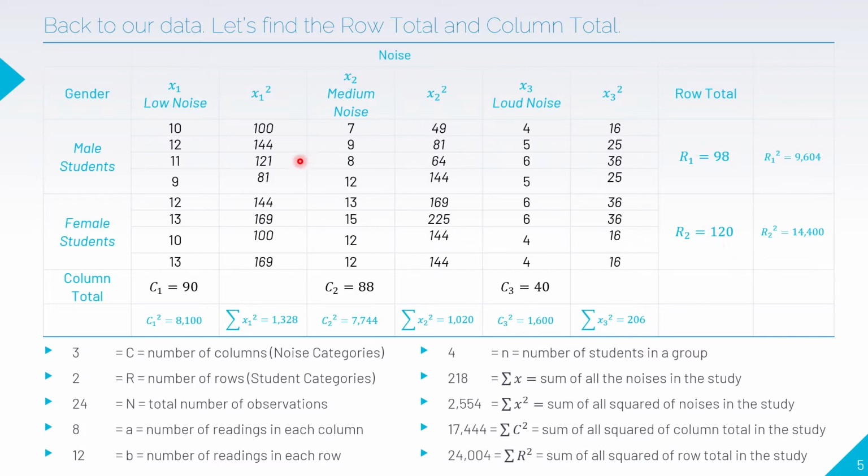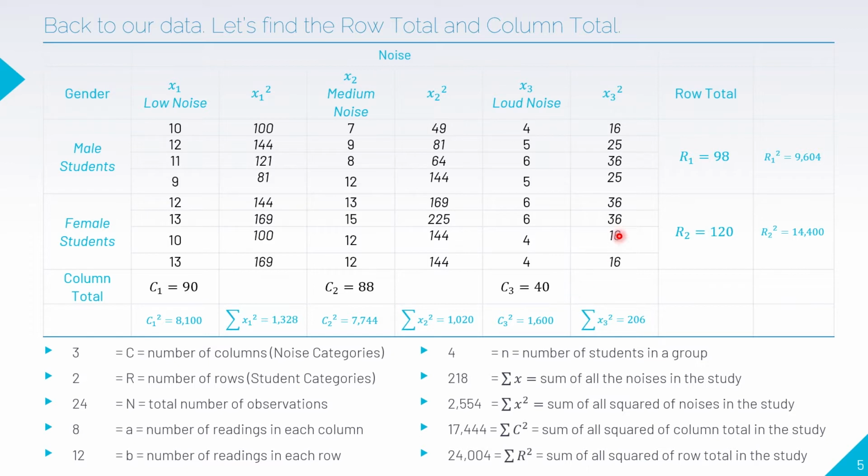We also need to find our x squared here, as we need it later. So 10 squared is 100, 12 squared is 144, and then adding these all up, we have a summation of 1328. Same as this one, 7 squared is equal to 49. We square them all and sum these items up, and we have 1020 for our second x squared.